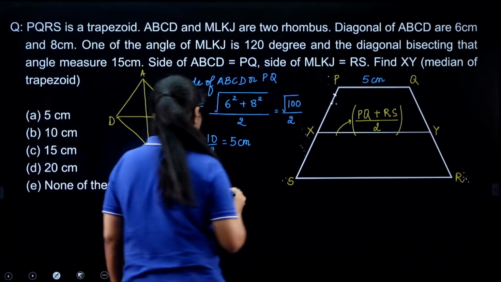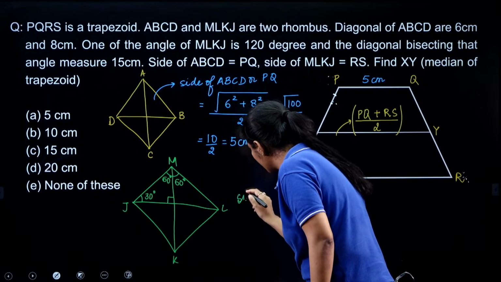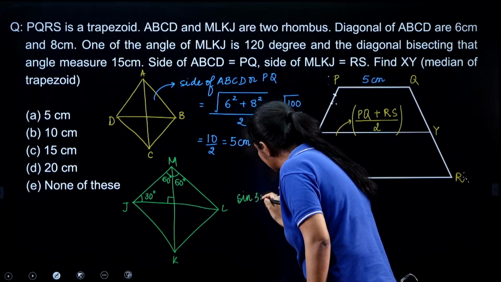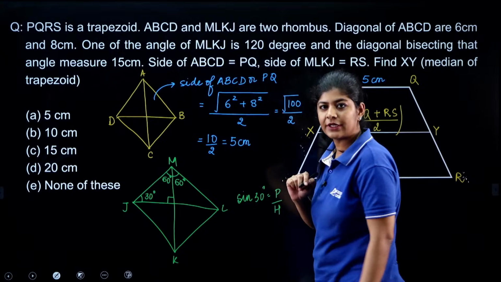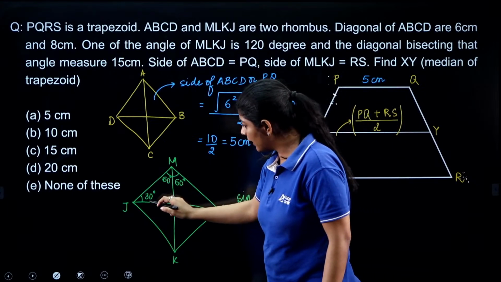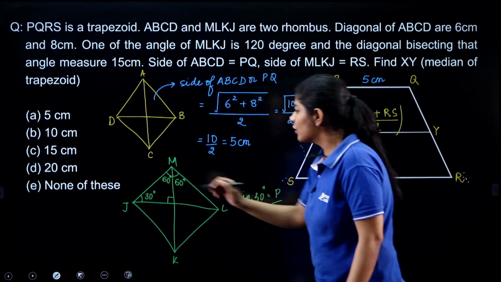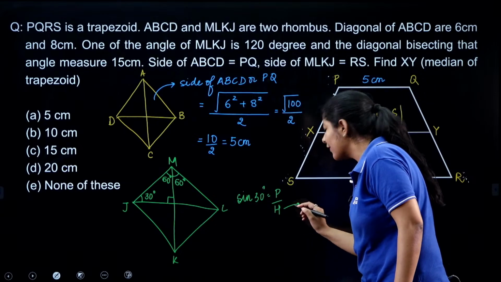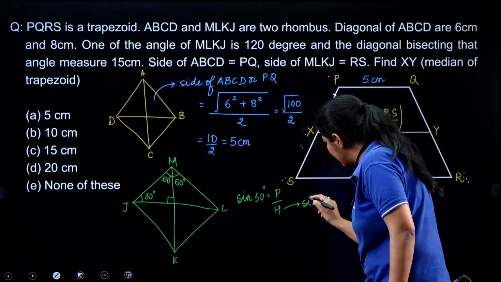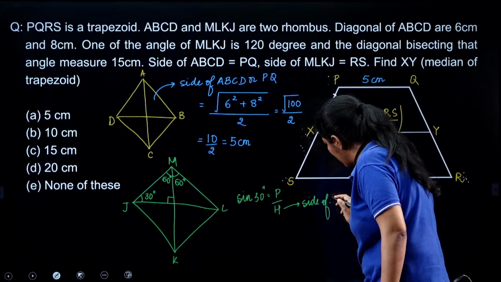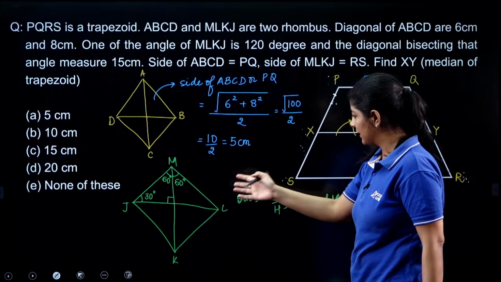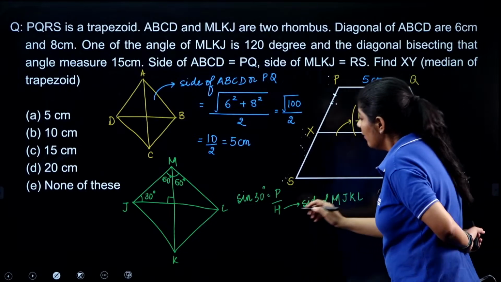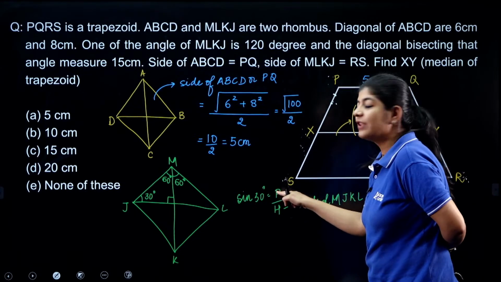From this one we can say that sine 30 is nothing but perpendicular upon hypotenuse, right? Instead of hypotenuse, we can write the side of the rhombus MJLK, or whatever name it is. Now what is the value of this perpendicular?